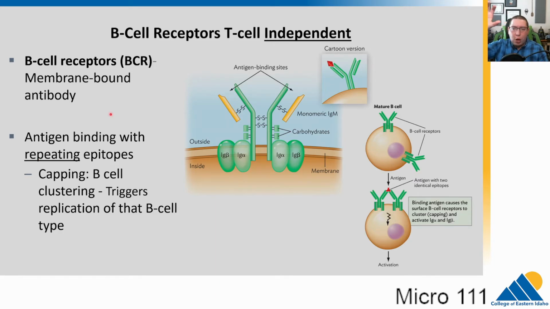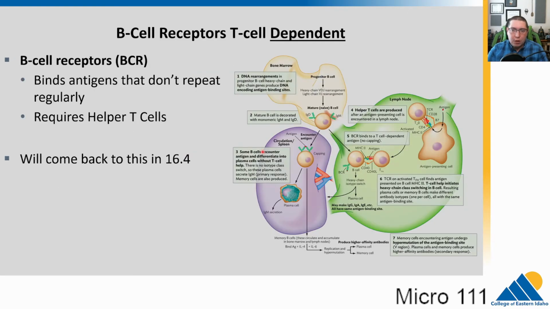There'll be free-floating antigens floating around, and if they're very repetitive, they will bind to this B cell receptor on B cells. It looks like an antibody because it's very closely related to an antibody, and it will bind a specific epitope. And this process will activate the B cell, but this is the T cell independent form.